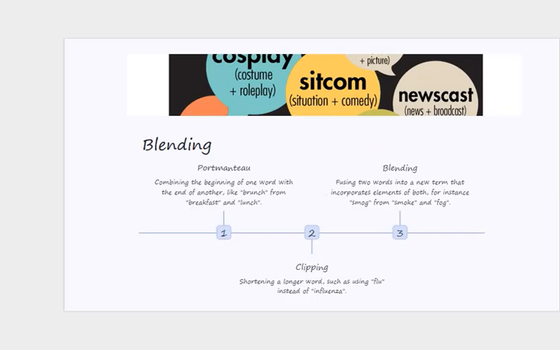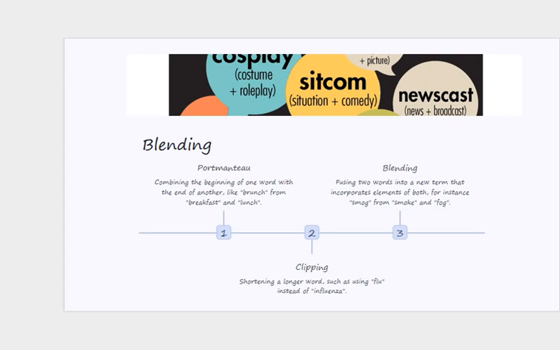Next, we move on to the next section, which is blending. Blending is also a kind of compounding, but not exactly compounding, because in compounding we were taking the words as they were. In blending, we have different types of blending, where we add some part of the initials of the two words, or somewhere we add some initial to the last part of the word.